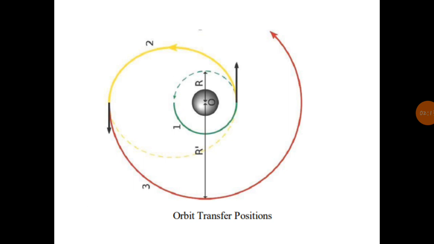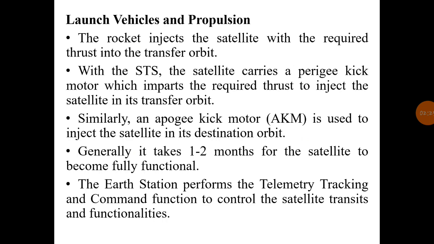Let us consider this diagram for orbit transfer positions. It denotes positions 1, 2 and 3, where R is the radius and O is the orbit. This diagram indicates the different injections of the satellite with required thrust into the transfer orbit.